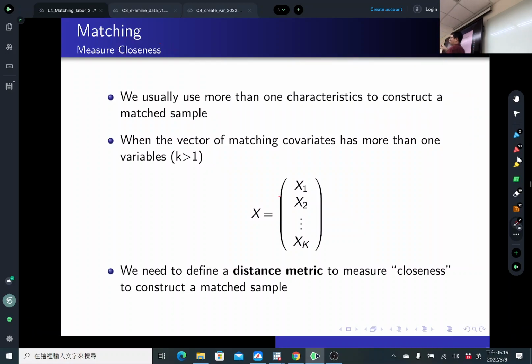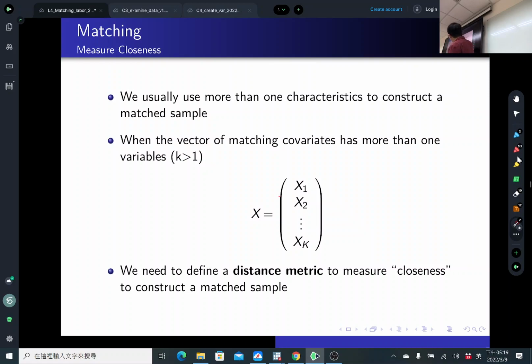What do we mean by this sample having similar characteristics to the treated unit in the treatment group? So if we have more than one variable, for example k characteristics, we need to define some distance metric to measure the closeness to construct the matched sample.